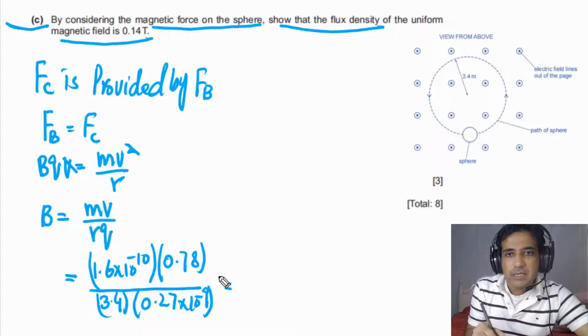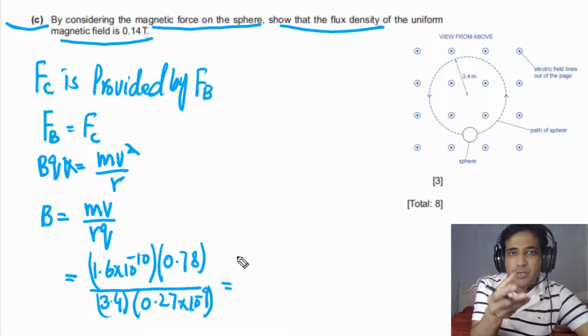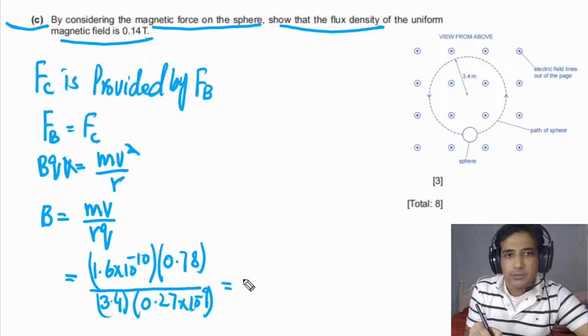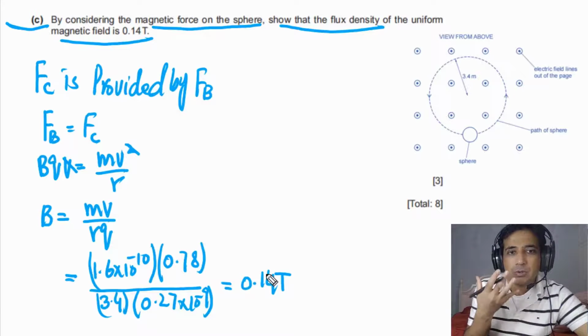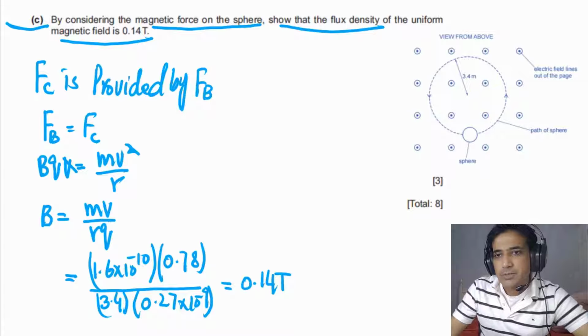If you put these numbers into your calculator, your final answer has to be 0.14 Tesla. So this is what you need to show, that B is equal to 0.14 Tesla, and this is our final answer. This question has 3 marks.